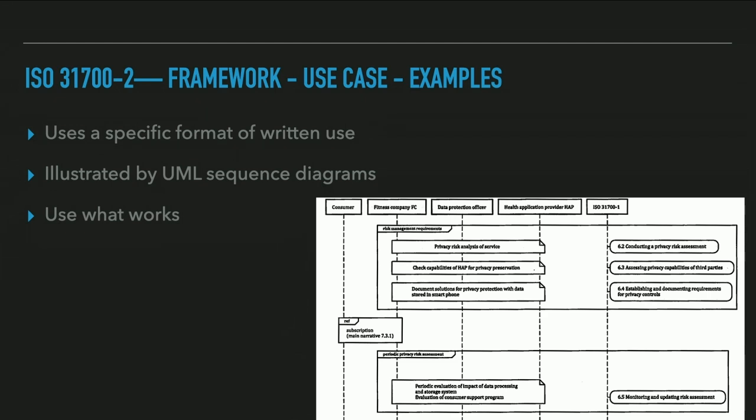I would use what works, especially given that this is likely to be highly contextual in terms of what diagramming and documentation approaches that you have within your organization anyway.